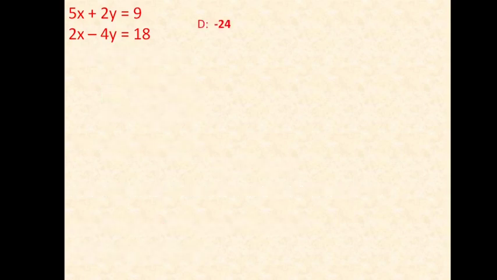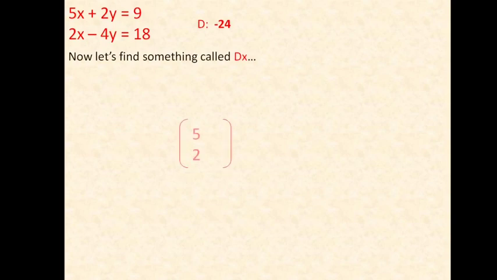Now it's time to find Dx. Dx stands for the determinant with respect to x. If you observe your equations, 5 and 2 are the coefficients of x. So when you calculate the determinant with respect to x, you will not take the coefficients of x in your calculation.